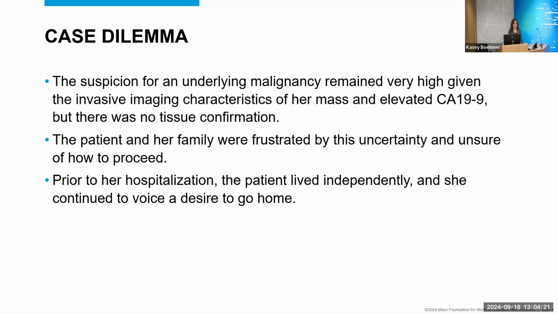So we had a case dilemma for this situation because our suspicion was high for underlying malignancy, but we did not have definitive diagnosis of that. And unfortunately, our way of doing that with the EUS guided biopsy was leading to ongoing pain, nausea, and prolonged hospitalization for the patient.